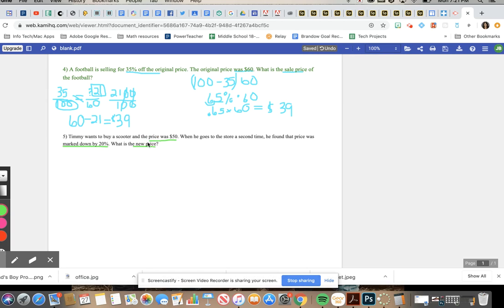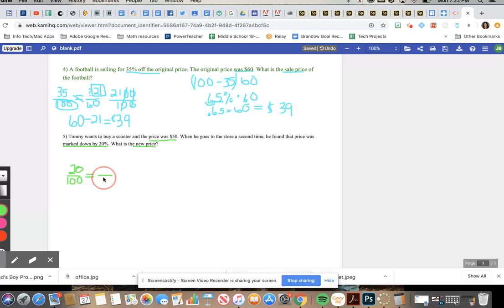New price would be the price on sale. So starting with our proportion, we know it's 20% off. So I'll write that as 20 over 100. And the price of the scooter was $50 and we're wanting the sale price, the new price.